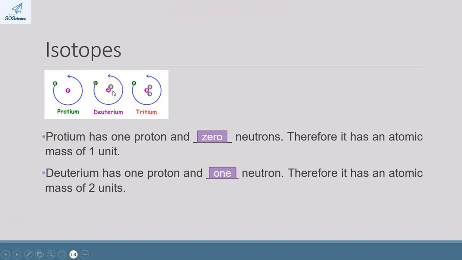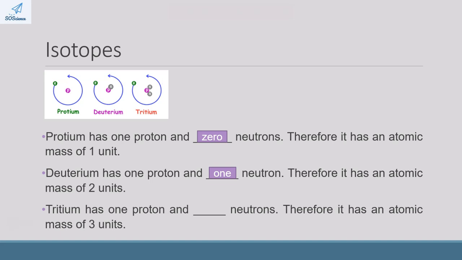So therefore, its atomic mass is made up of the mass of a single proton and the mass of a single neutron, which adds up to 2 units. Tritium has one proton, but it has 2 neutrons, so it has an atomic mass of 3 units. So these are 3 different isotopes of hydrogen atoms.